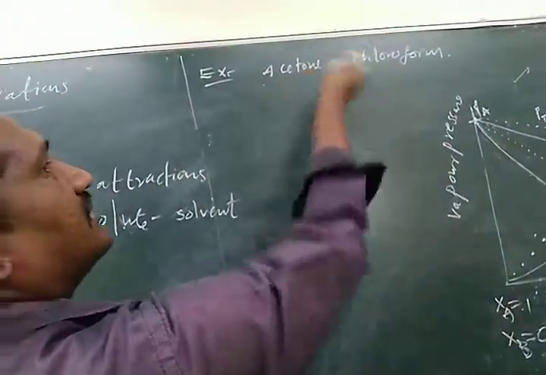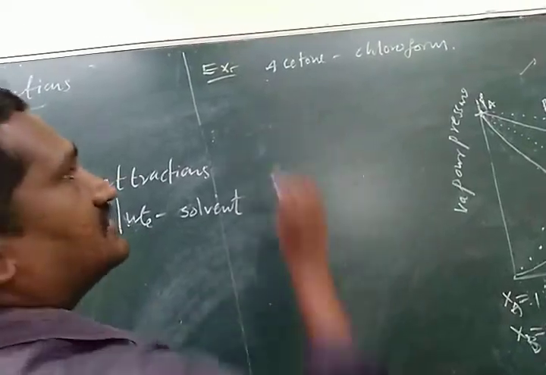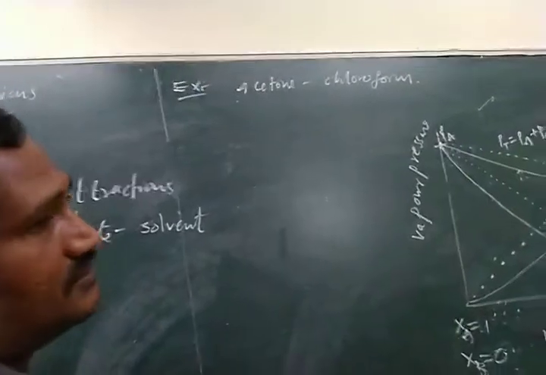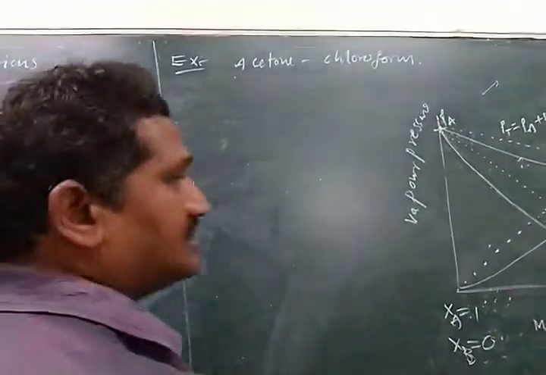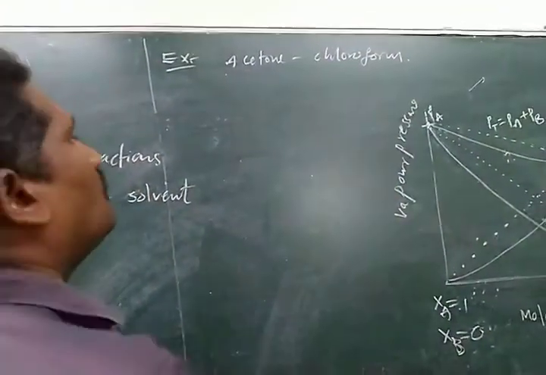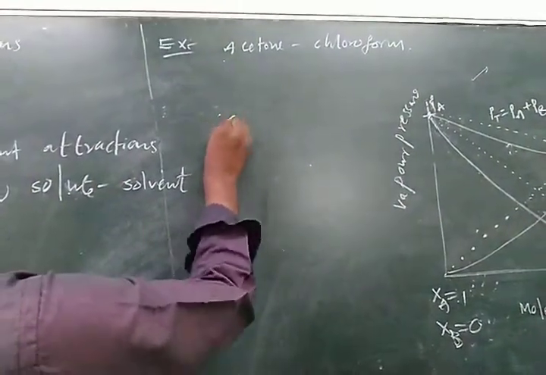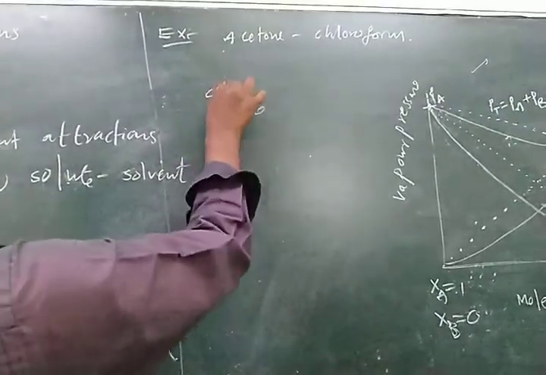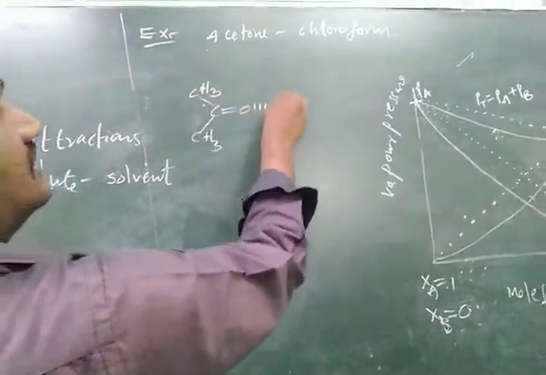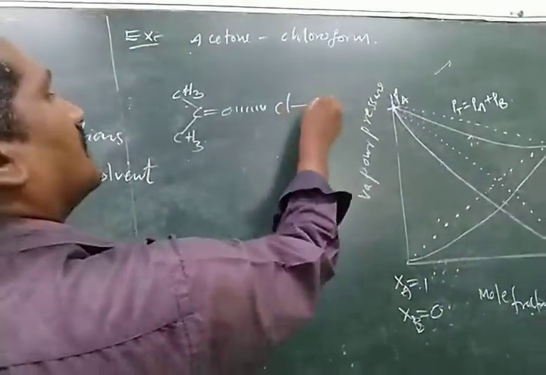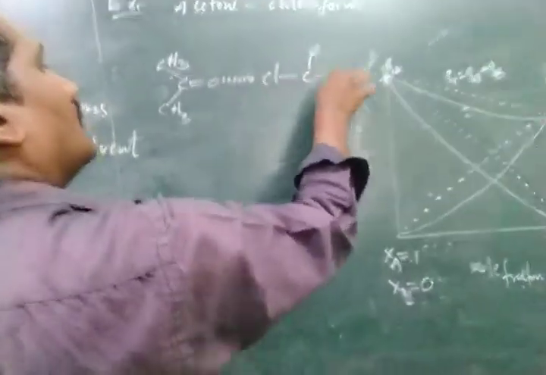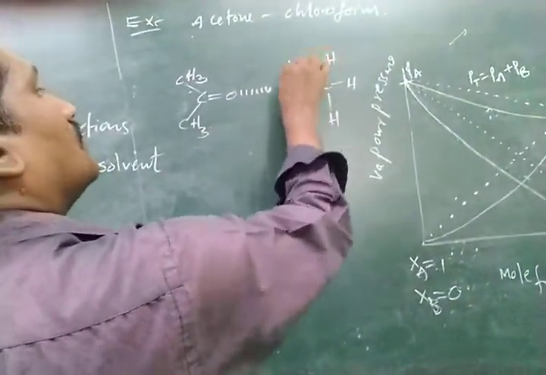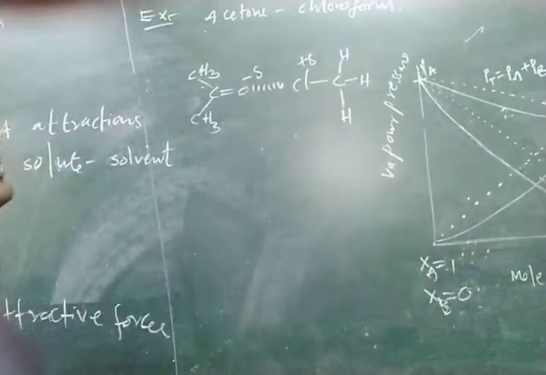The attractions between acetone and chloroform are more than those among acetone-acetone or chloroform-chloroform, because a hydrogen bond forms.